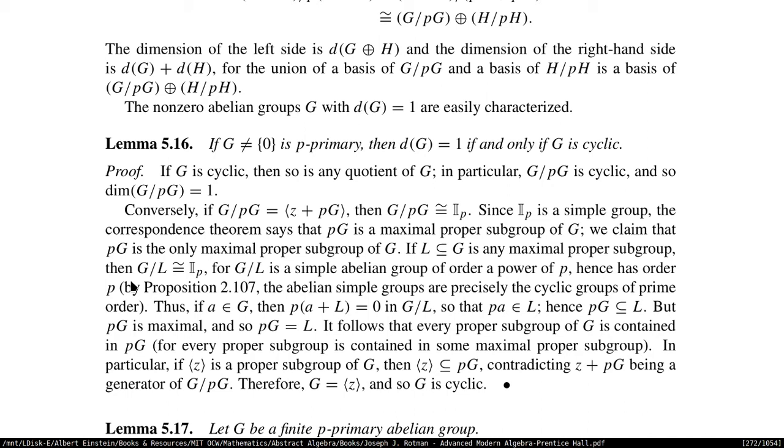Now, the integers modulo P is a simple group. Did we introduce simple groups before? I guess we did during the discussion of group actions. Remind me, is a simple group one whose only normal subgroups are 0 and the whole group?